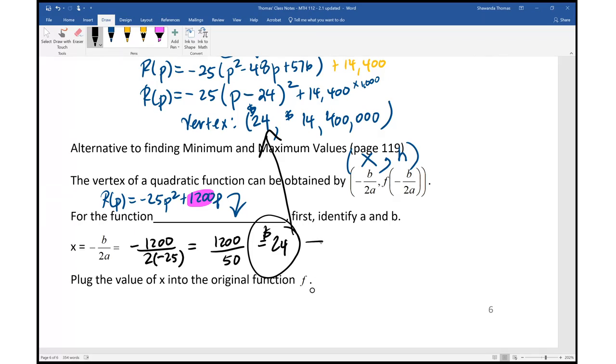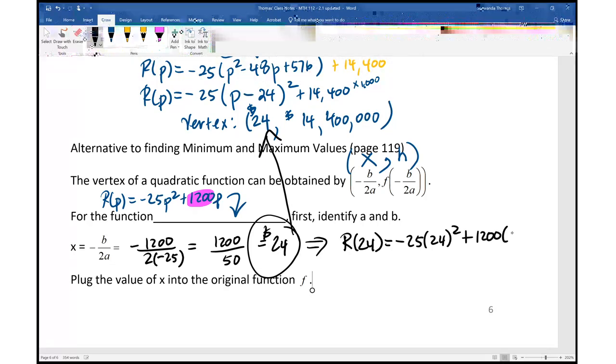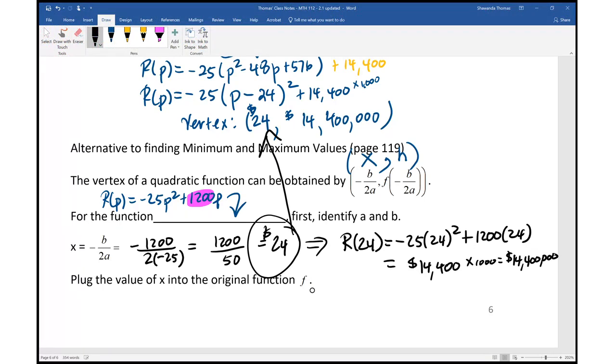And then you just plug that into the function, R of 24. So you're evaluating the function at 24. That's going to give you 14,400. But of course, we know we need to multiply that times 1,000 to get the 14,400,000. So that's a shortcut way to get to the vertex for any function.